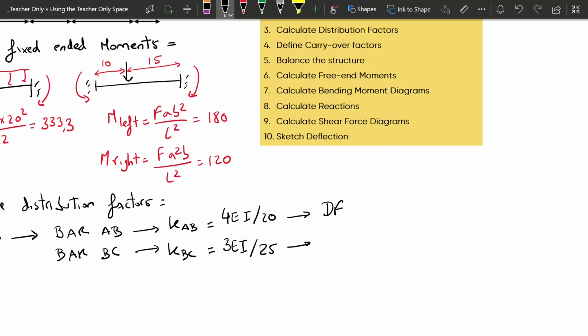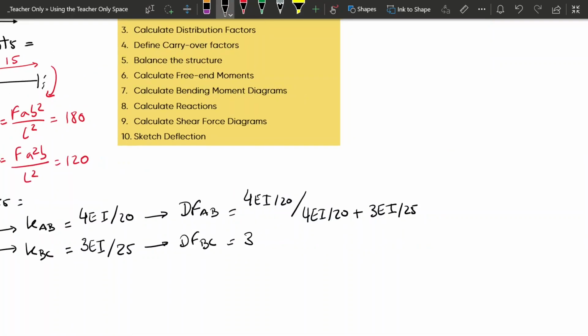The distribution factor of AB is 4EI over 20 divided by the sum of the two, and for BC it's the same, but with the stiffness of BC in the numerator. Again, the EI simplify, so we can do this quickly. In this case, we have 5 over 8 for AB and 3 over 8 for BC.